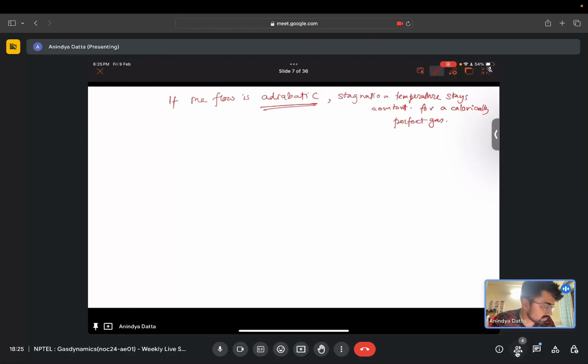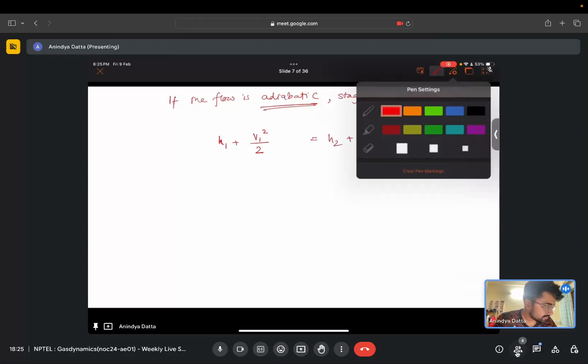We can also prove this. Let's say we have the total energy at station 1, H1 plus V1 square by 2, and on the right hand side the total energy at station 2, H2 plus V2 square by 2.